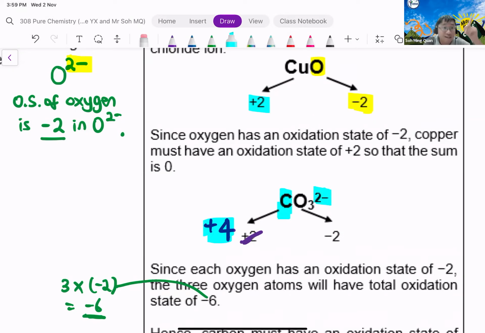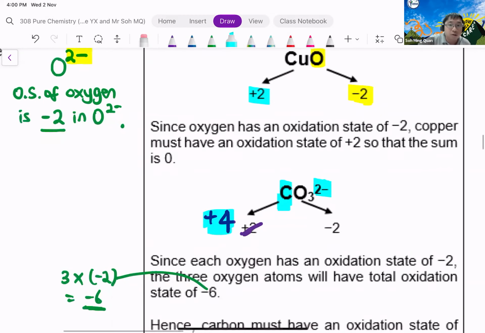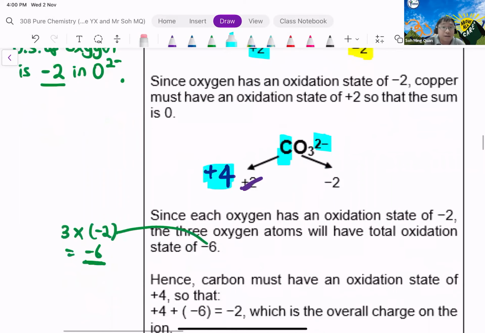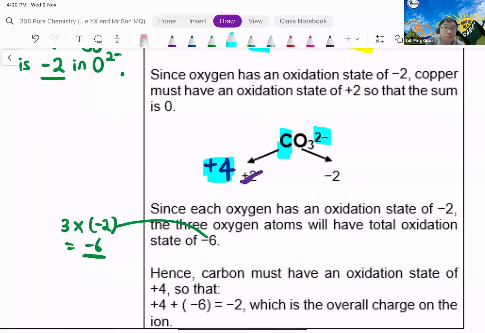The charge is outside, 2-. That means the carbon plus the 3 oxygens together must give you -2. So if the 3 oxygens is -6, carbon must be +4. Why +4? Because +4 added with -6 gives you -2.